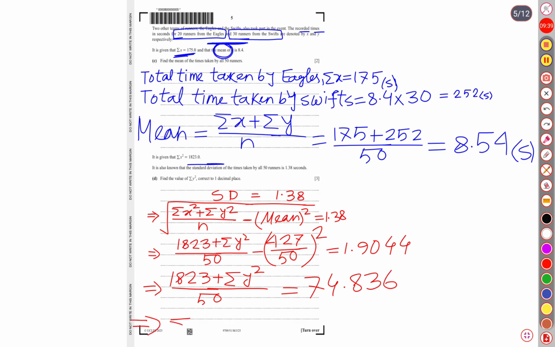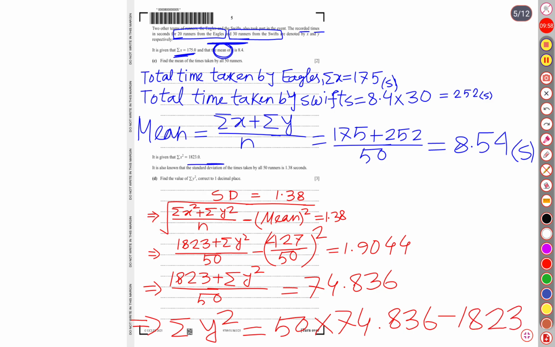Well, now by doing cross multiplication, we can see that sum of y square is going to be 50 into 74.836. Then from the left side 1823 will be subtracted. If we do so, then our sum of y square, let us use our calculator, is 50 into 74.836 minus 1823 equal to 1918.8.